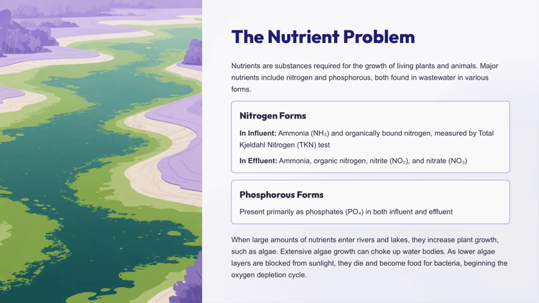As these lower layers die off, bacteria feed on the decaying matter, leading to oxygen depletion in the water. This cycle can severely harm aquatic life and disrupt the health of our water ecosystems. So, controlling nutrient levels is crucial for maintaining healthy water bodies and ensuring our environment stays balanced.